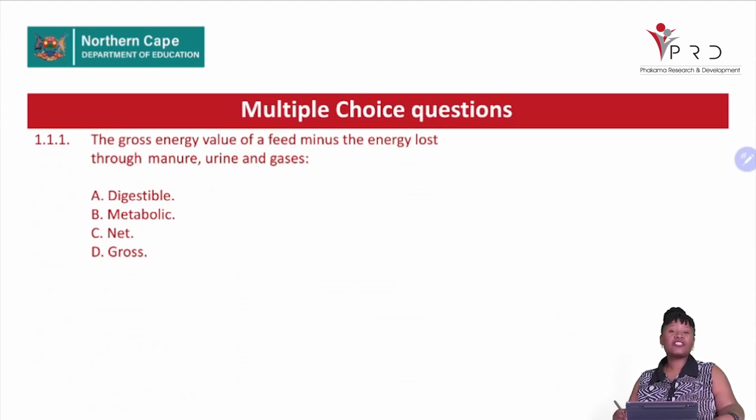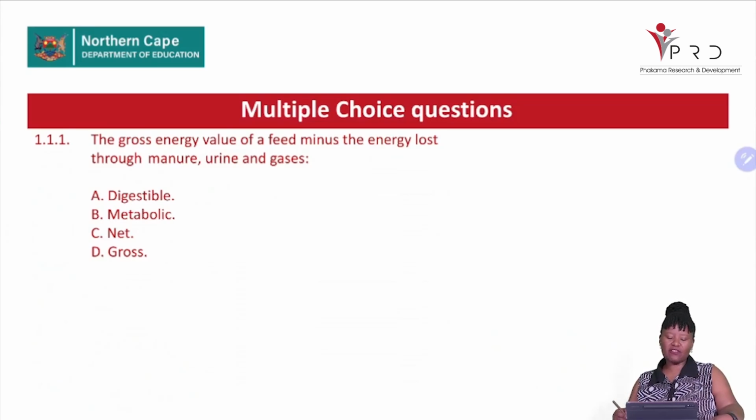In multiple choice questions, you are choosing only the best option. You are given 4 possible answers and 3 are distractors. Therefore, you need to choose only the correct one by writing a letter, not rewriting the statement. So let's look at 1.1.1.1.